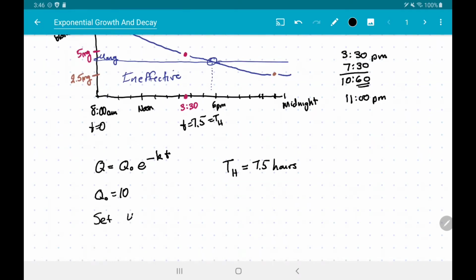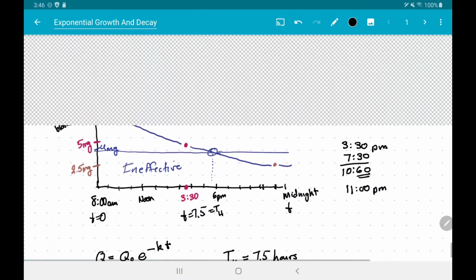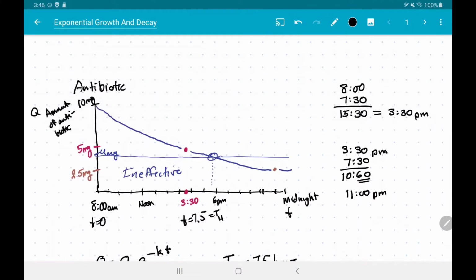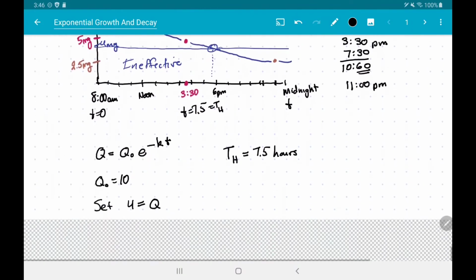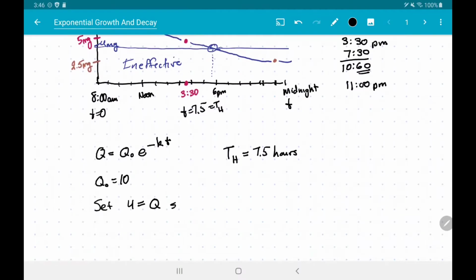Okay, we want 4 milligrams equals, and it's Q that's the quantity of the drug in the patient's system. So remember, this is the t-axis and this is the q-axis. So we'll set Q equal to 4 and solve for what time t corresponds to Q equals 4.